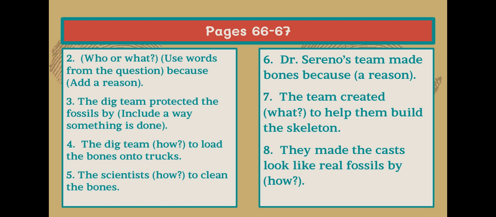So, as I said, let's try this one with a partner. Remember to put part of the question in your answer and provide text evidence from the passage. So our answer is going to begin, the dig team protected the fossils by, and then you're going to include a way that something is done.